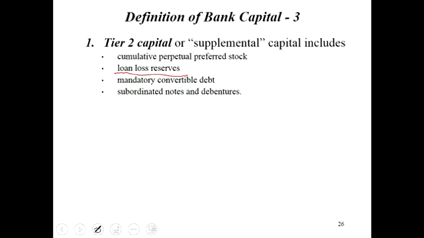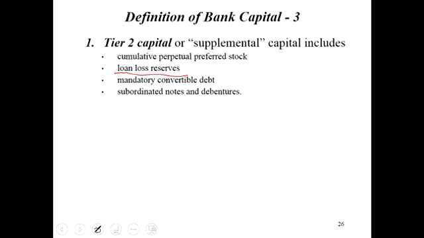The key point here is, if you think about the economic purpose of capital, capital is there to absorb unexpected losses on your assets. Now, with the loan loss reserve, you do your statistics about what you actually expect. So capital is there to absorb unexpected losses, while this is there to absorb expected losses.